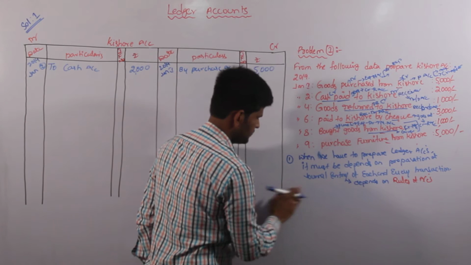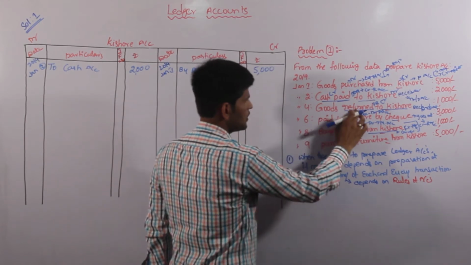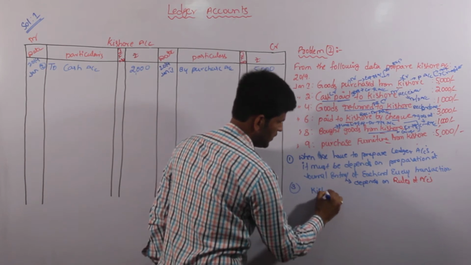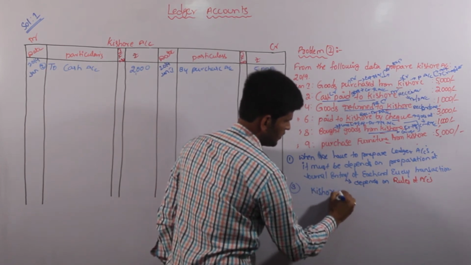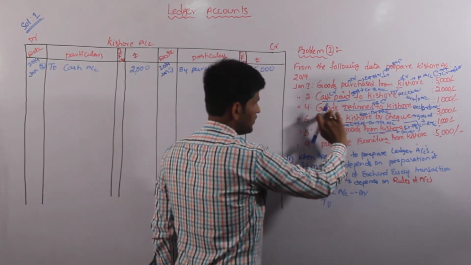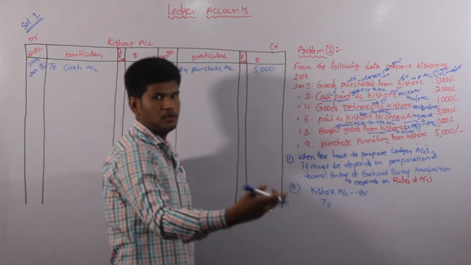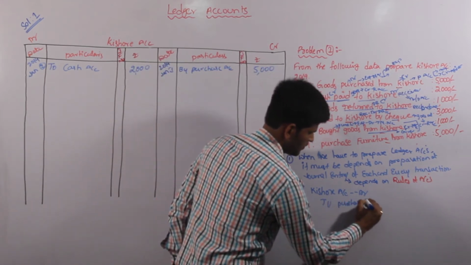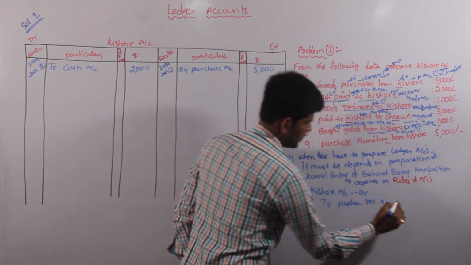And come to the third one. Goods returned to Kishore. To Kishore is nothing but again Kishore is the receiver. The receiver is on the debit side of personal account. Goods returned means we are giving goods back, that is nothing but purchase returns. Purchase returns account.